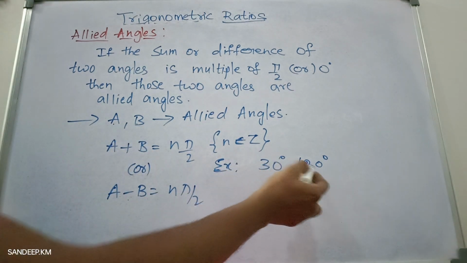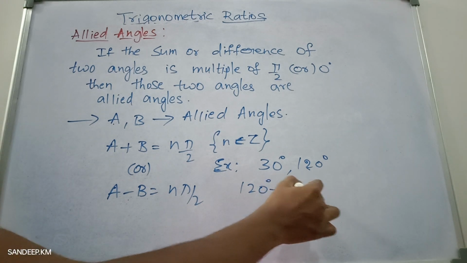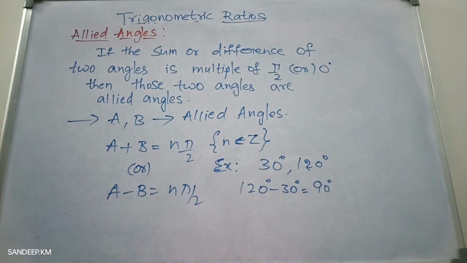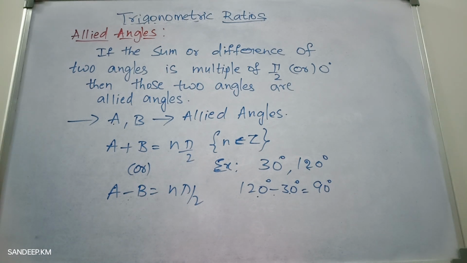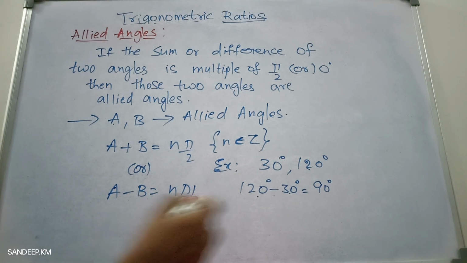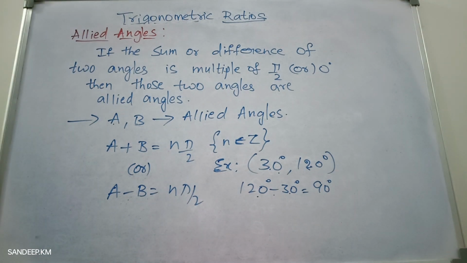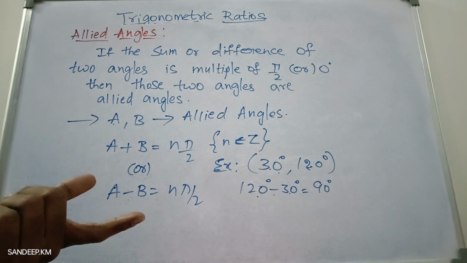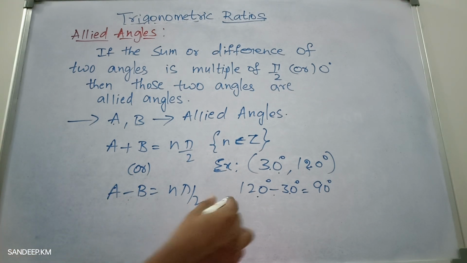But the difference between them, what is the difference between them? 120 minus 30 is 90 degrees. So the difference of 120 and 30 is 90 degrees. It is a multiple of 90 degrees. Therefore, 30 degrees and 120 degrees are allied angles. See, either sum must be multiple of 90 or the difference must be multiple of 90. Keep this in mind.